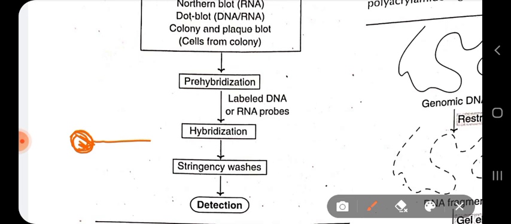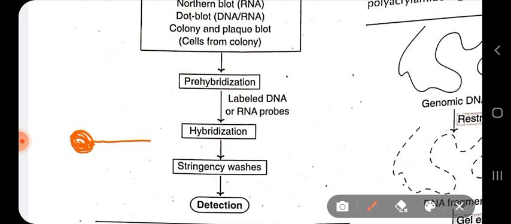Or the probe can be labeled with fluorochromes, or fluorophores, which can absorb and emit light of suitable wavelength, which can be detected autoradiographically or under UV light. Or sometimes these probes are labeled with biotin, which is also called vitamin B7.